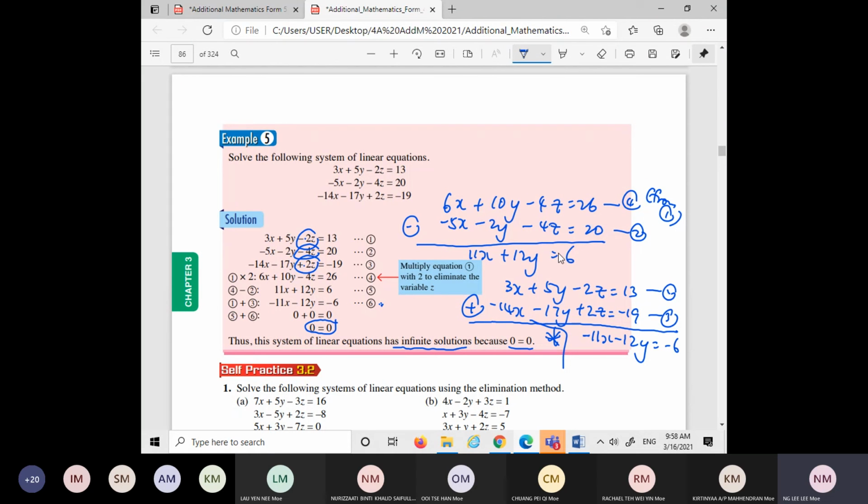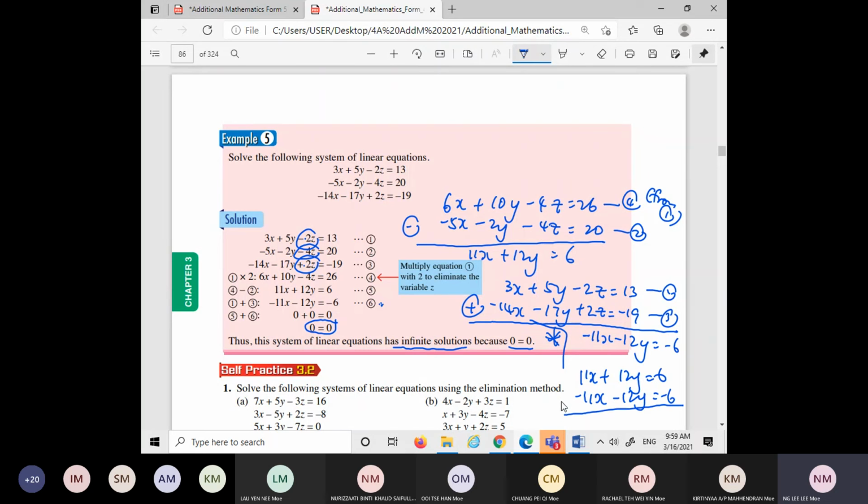Now these two we solve simultaneously. Any variable you can choose, x or y. Let's say I choose x. 11x plus 12y equals 6, and negative 11x minus 12y equals negative 6.